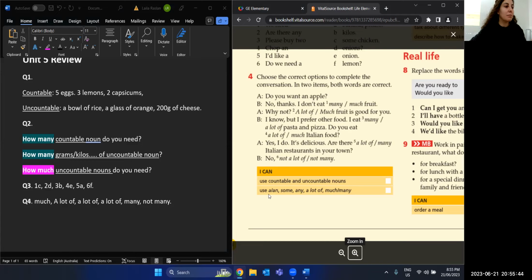It's a book, it's a bottle of water, because only one. It's a pen. Some means many. So I have some books. I have some pens. Some apples. I have some apples in my bag.